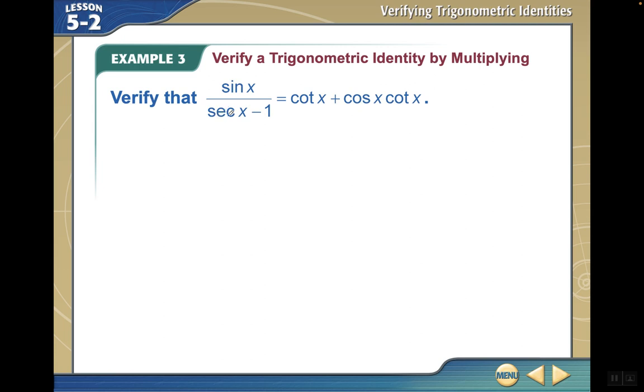If I multiply the whole left side by the conjugate, we would multiply top and bottom by secant x plus 1. So the denominator is going to be secant squared x minus 1.